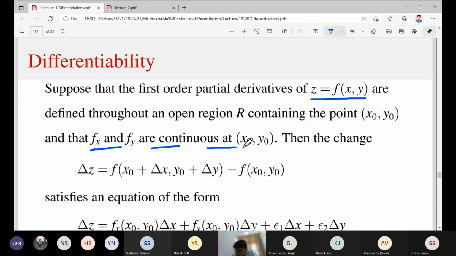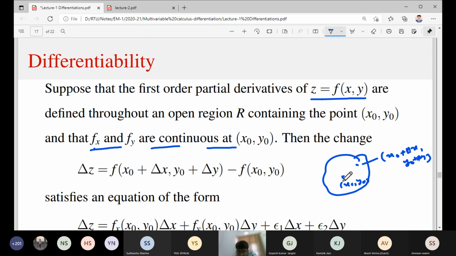Then consider the change in the value of the function. Suppose this is a point on the surface, (x0, y0), and suppose this is another point whose coordinates are given by (x0 plus delta x, y0 plus delta y).